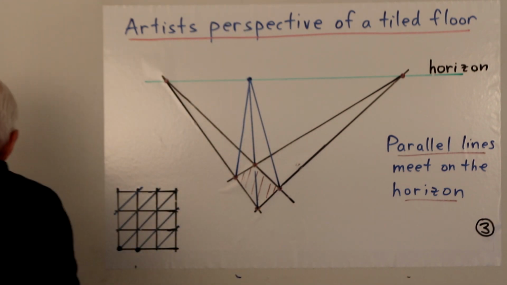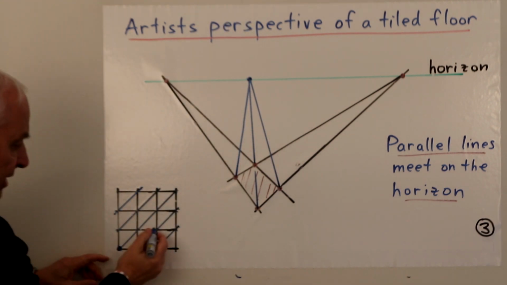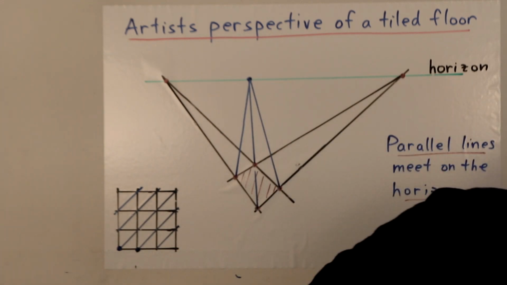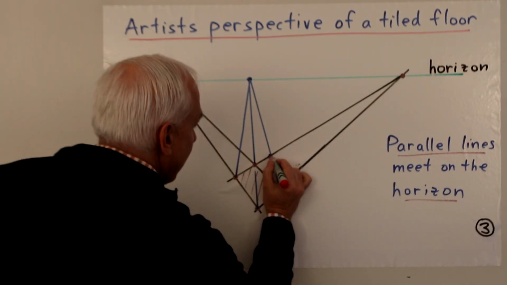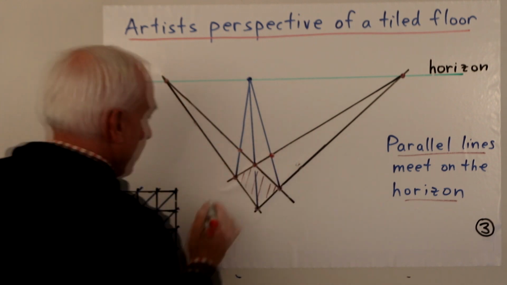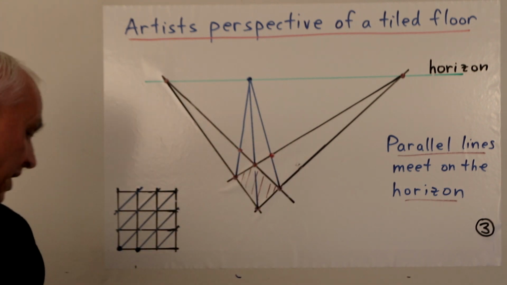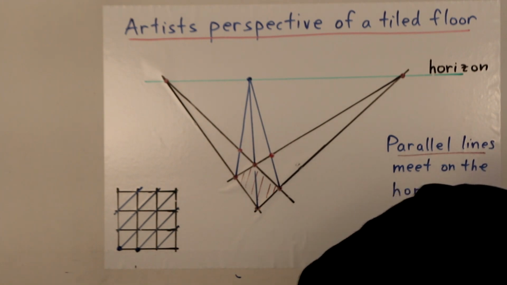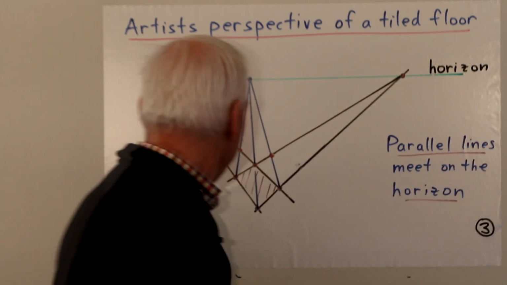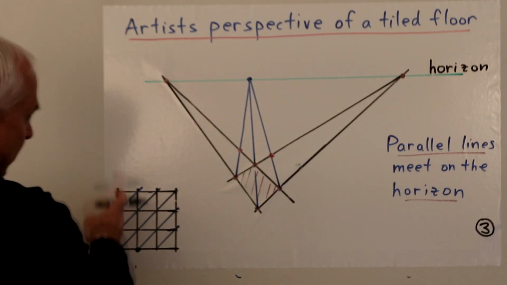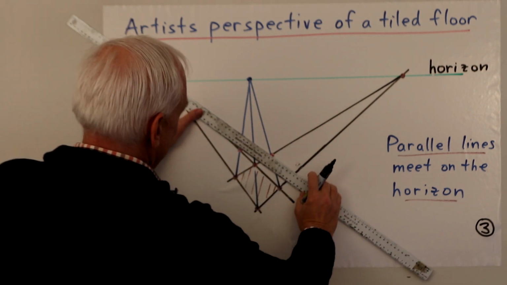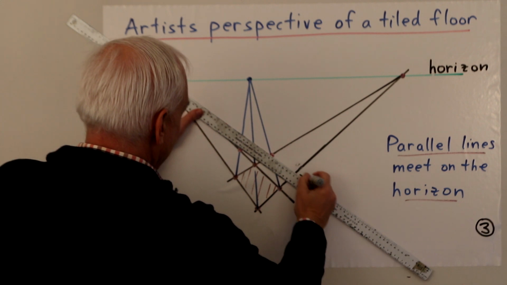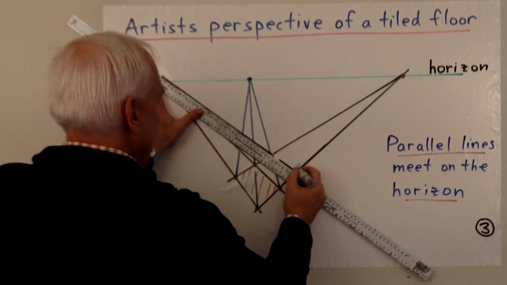So what does this do for us? Well, it allows us then to find these new points, because then we now have some more points here and here. Okay? And then we can connect them with the vertical or the horizontal points at infinity to get some new tiles.